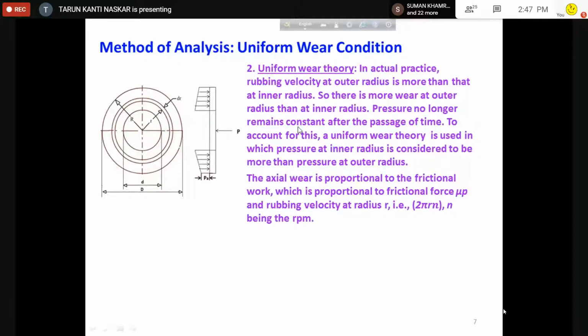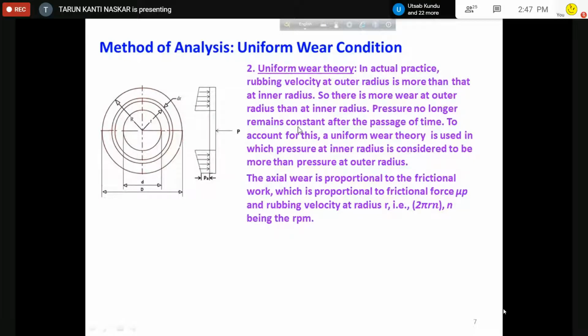Okay. So, if the wear occurs at the outer region, the flatness of the surface will be lost. So the contact will be towards the inner surface, because at the outer surface there is wear. Since there is wear, there is no contact. The contact will be absent.